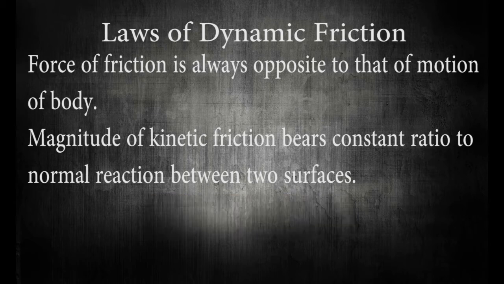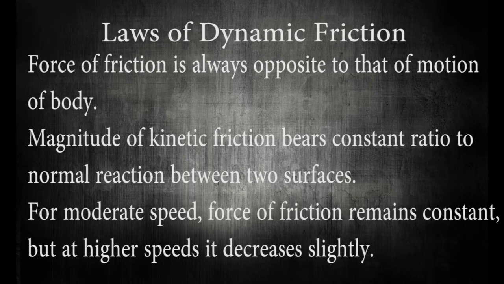The third law says that for moderate speed, the force of friction remains constant, but at higher speeds it decreases slightly. Now what does that mean? Let me give you an example. If you have ridden your two wheeler very fast on some rough road, the roughness of the road affects you less when you are driving at higher speeds than when you are riding at a lower speed.